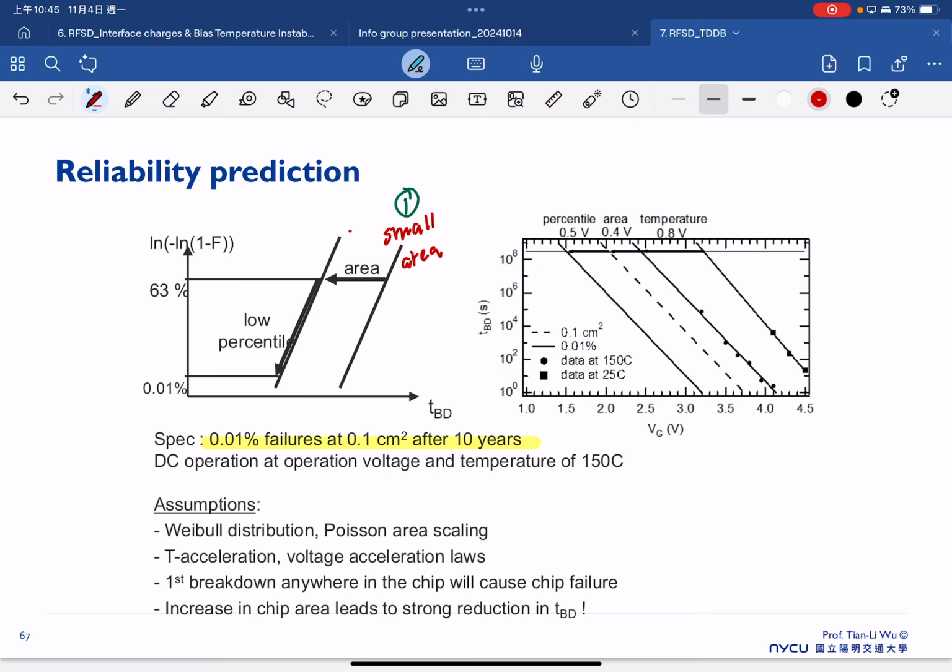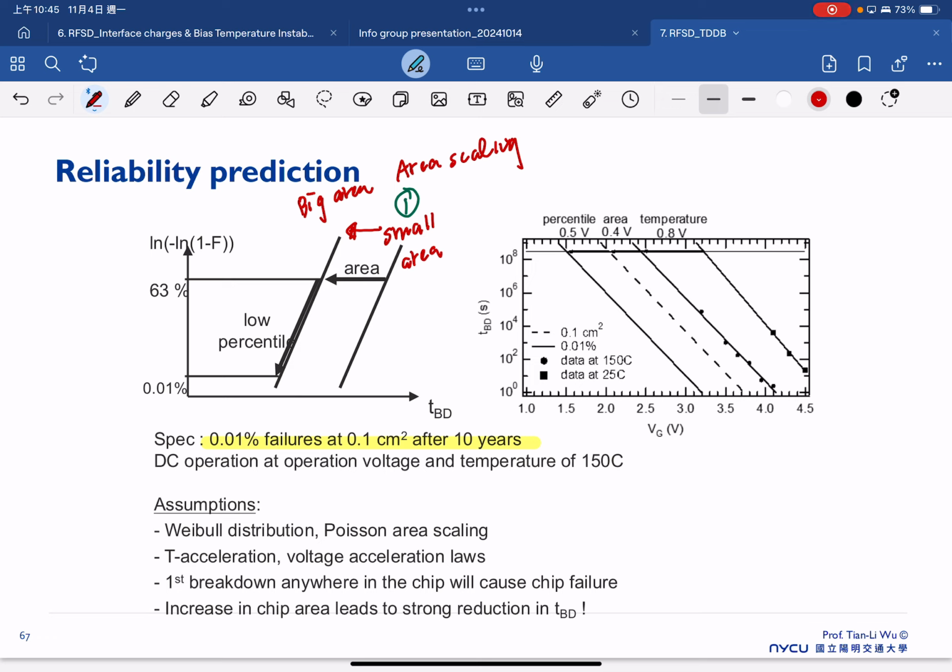And then first of all, we scale to a larger device. So that's the area scaling. That's the first step.